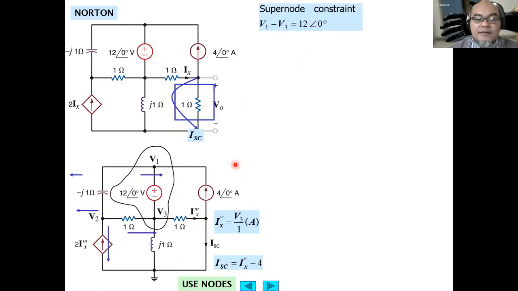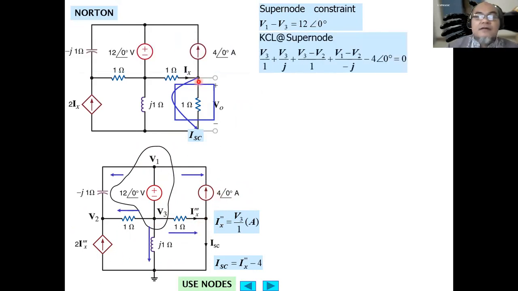Then let's use KCL at the supernode: V3 minus 0 divided by 1 ohm, plus V3 minus 0 divided by J1, plus V3 minus V2 divided by 1 ohm, plus V1 minus V2 divided by minus J1 ohm, then minus 4 ampere because this current flows into the node.